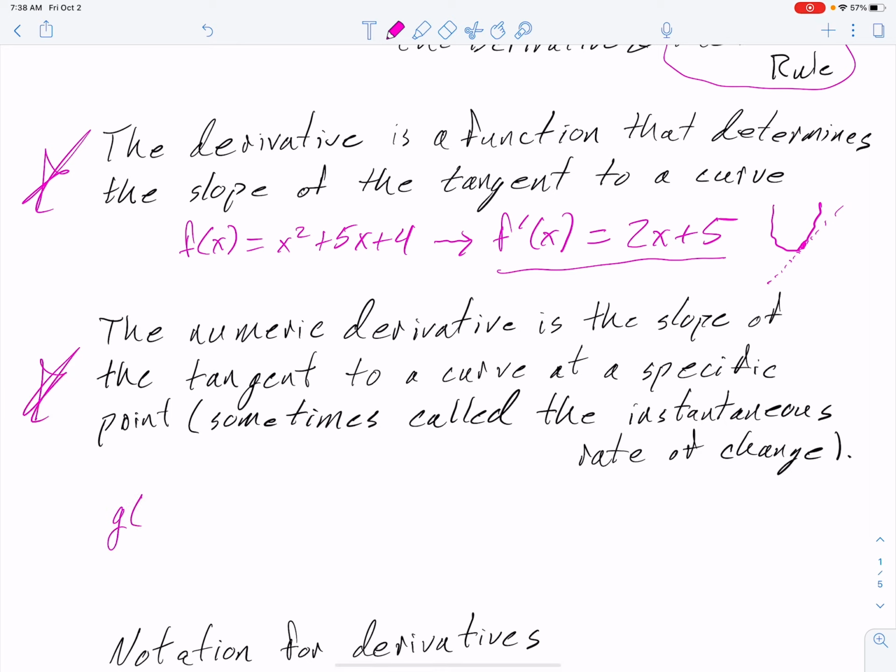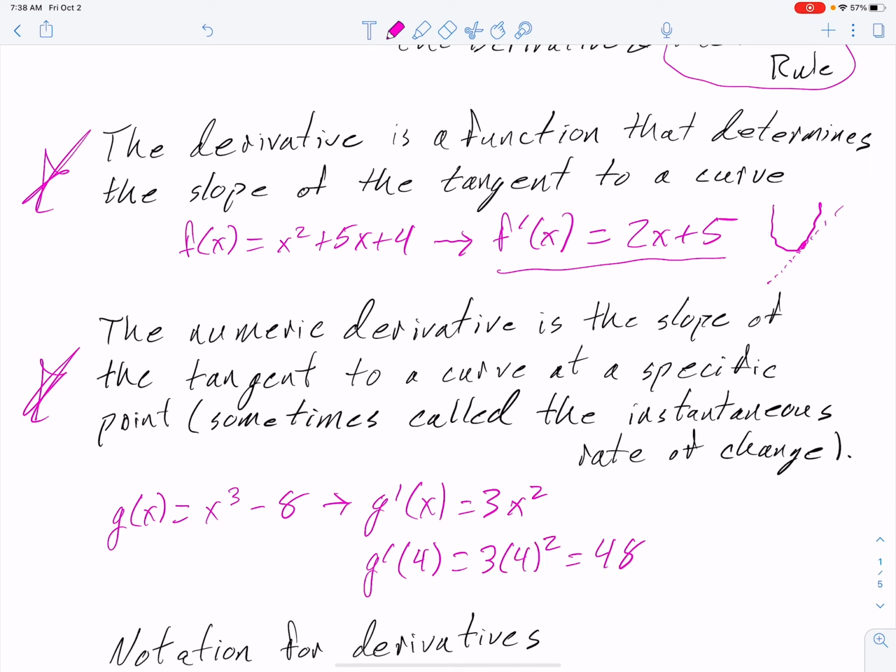So if I had a function g of x equals x cubed minus 8, its derivative would be 3x squared, and if I wanted to know the slope of the tangent at, let's say, 4, or in other words, if I wanted g prime of 4, I would simply substitute 4 into the derivative's equation, and now I know the slope of the tangent when x equals 4.